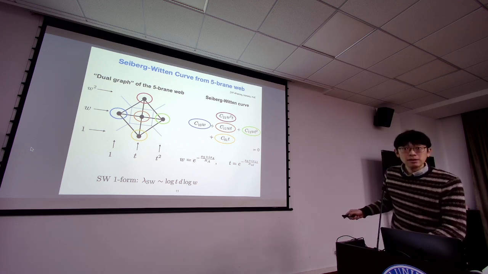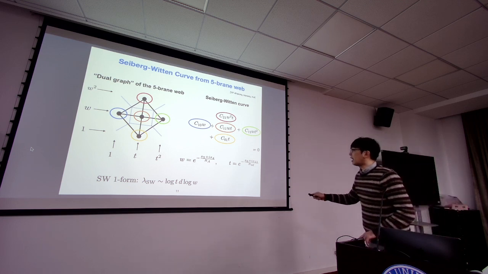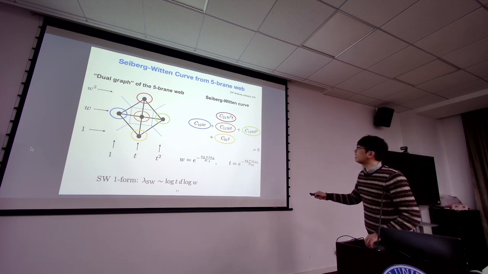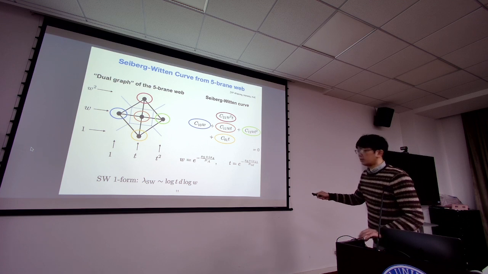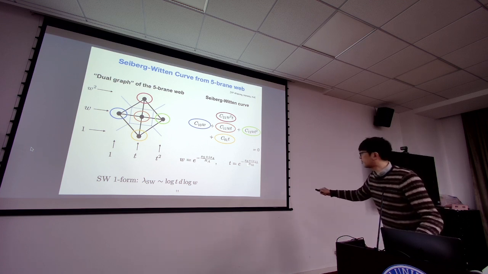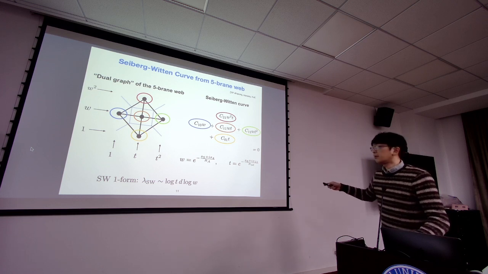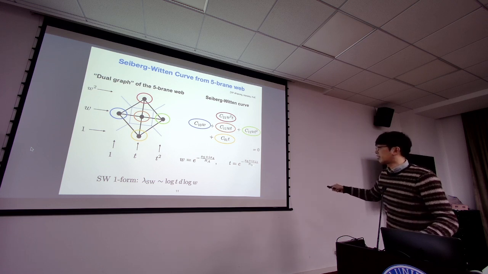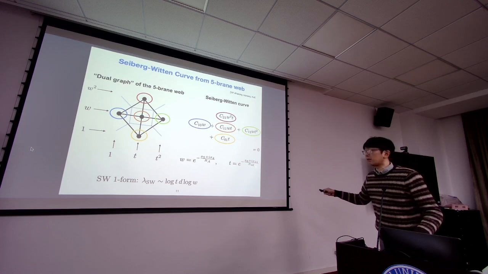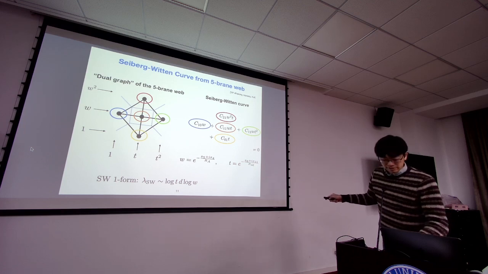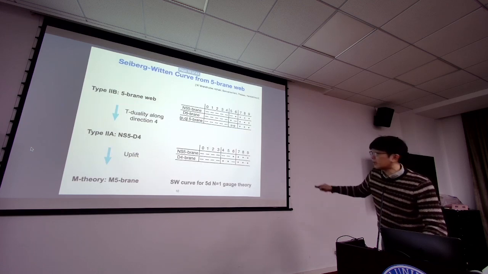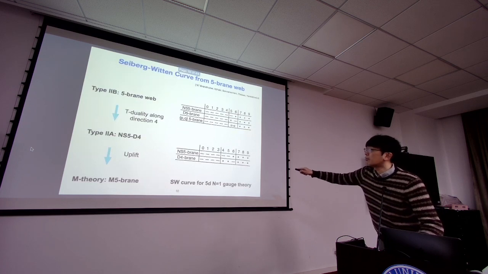So what are R_A and R_M? Sorry. R_M is the radius of the M-theory circle. We uplift to M-theory, so we can consider the M-theory circle with radius R_M. R_A: I said that we compactify on the fourth direction.